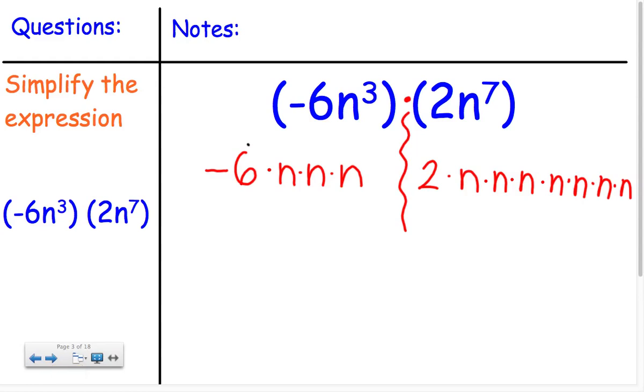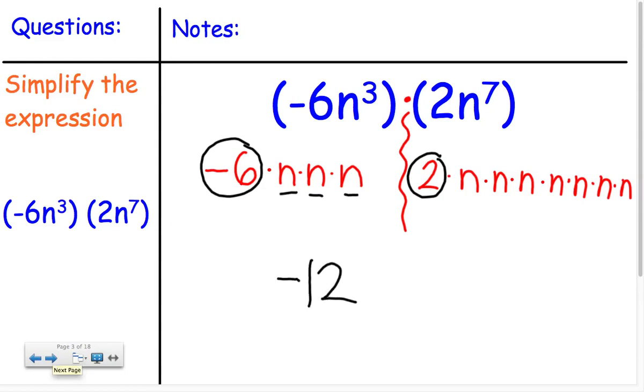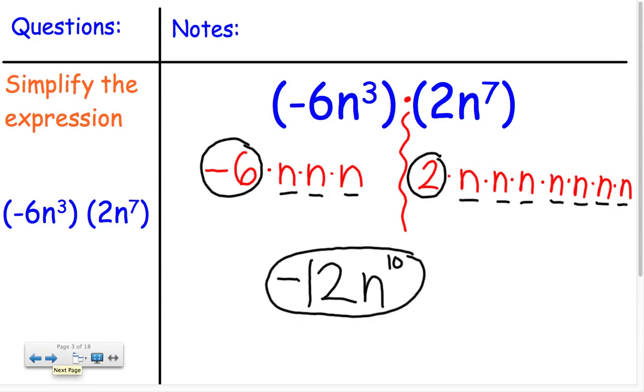So then I'm going to take this negative 6 and 2 and multiply them. I'll get negative 12. And then I'm going to count how many n's I have. 1, 2, 3, 4, 5, 6, 7, 8, 9, 10. So negative 12 n to the 10th.